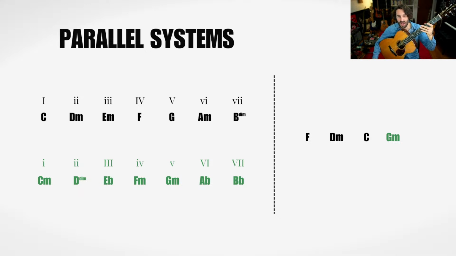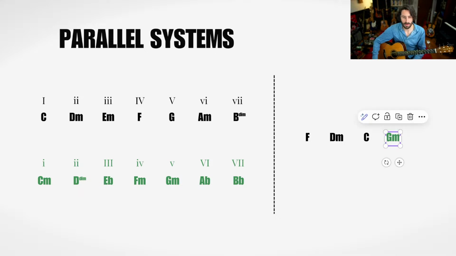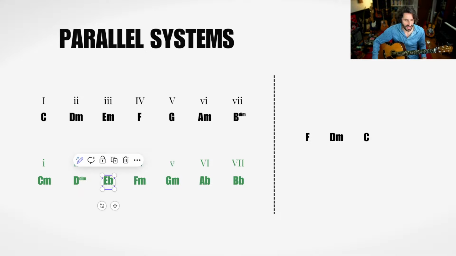Now, interestingly, I like this. And I'm not sure about the G minor. So we get to sub out the G minor for one of these other chords in the C minor, right? Let me just take off the G minor and let's try the E flat.